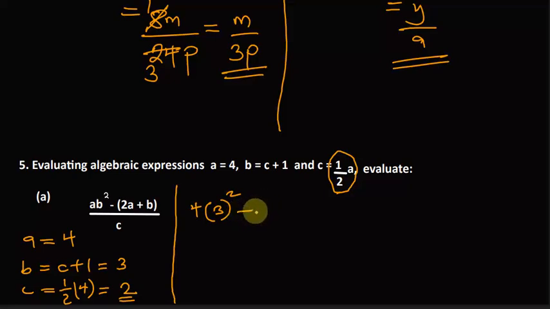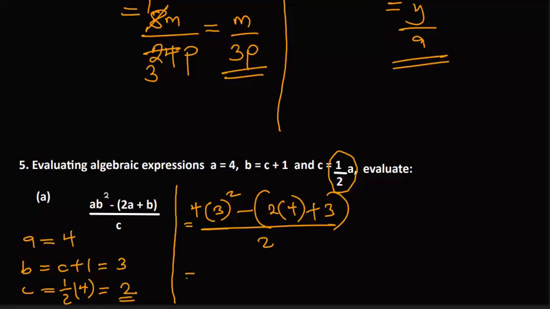Then minus, put bracket, 2a. So 2a is 4 plus b. What is b? b is 3. That is the numerator. All this divided by c. c is 2.